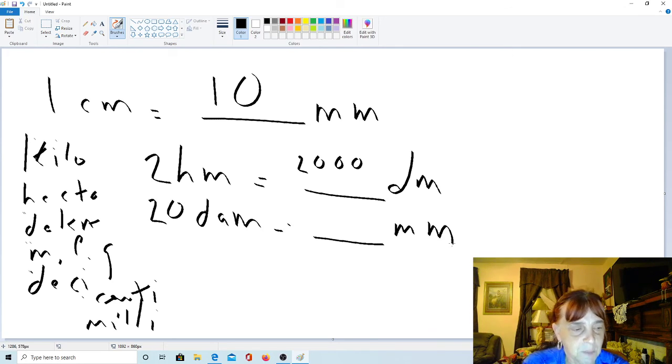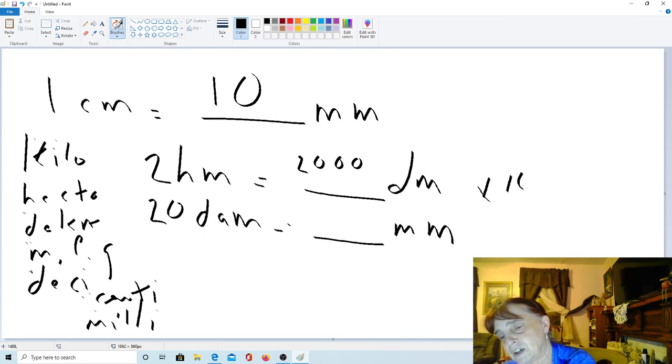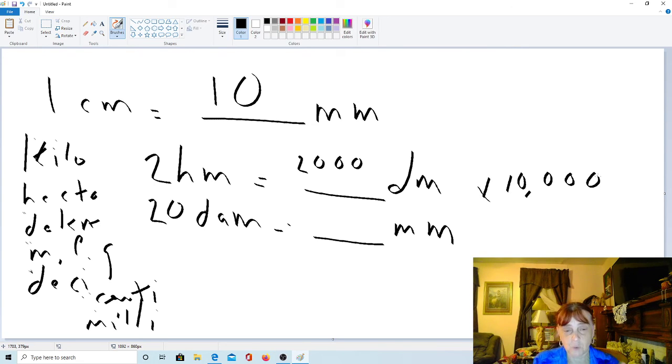To go from decameters to millimeters, multiply by 10, 100, 1,000, 10,000. That's 4 places to the right. So 20 with 1, 2, 3, 4 more zeros. Okay, so it would be 200,000 millimeters.